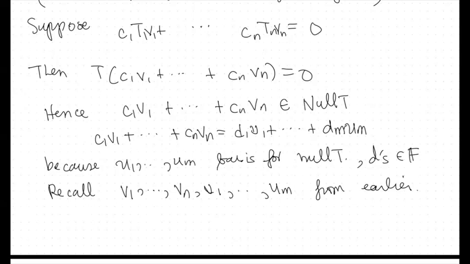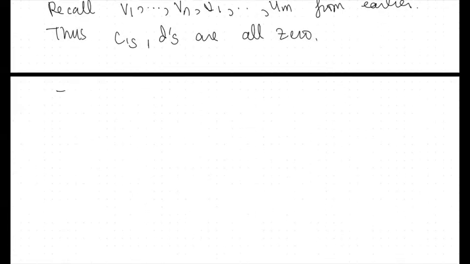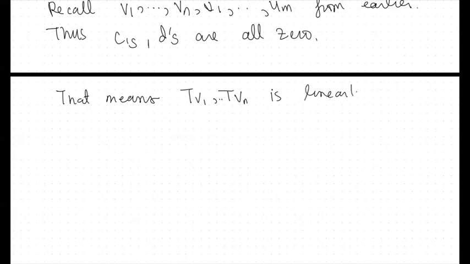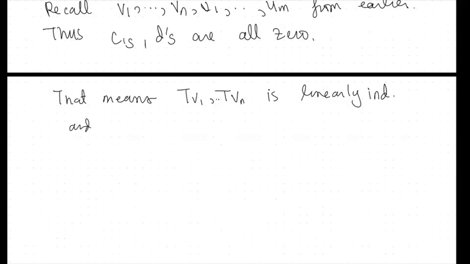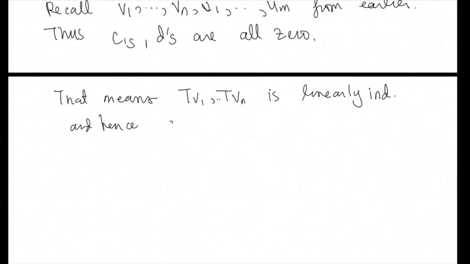Thus, your C's and D's are all zero. That means T of V1 up to T of Vn is linearly independent, and hence a basis of our range T, as needed.